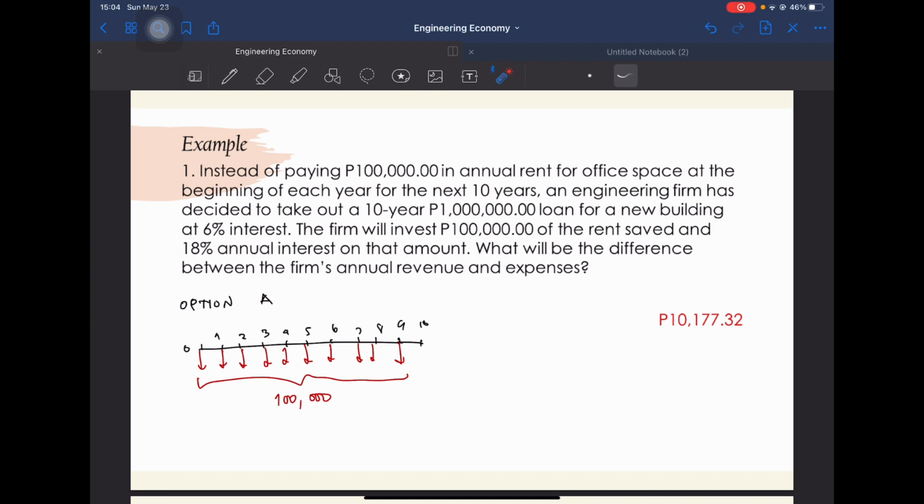Now, I think merong isang hindi nabigay na given dito, which is yun bang 1 million peso loan nila is paid at the beginning of every year or at the end of every year. Anyway, ito yung ginawa nila.